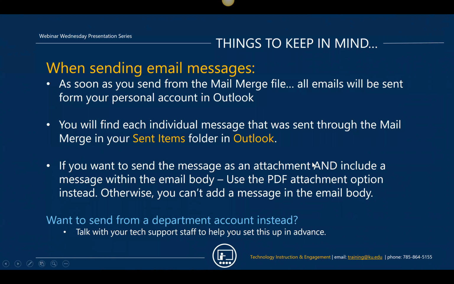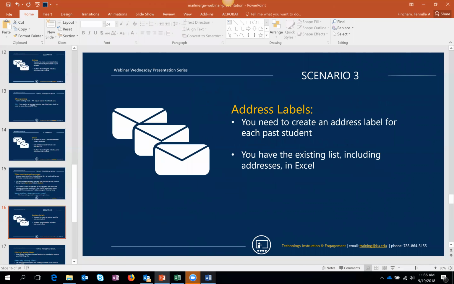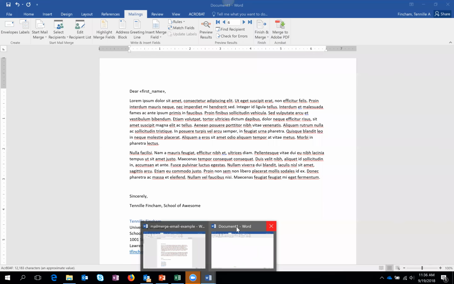Okay, so last scenario here for today is that you need to create address labels. And you need an address label for each past student. And then again, the same assumption is that you have that existing list of those addresses in Excel. Okay, so the final result, let me pull that up here.